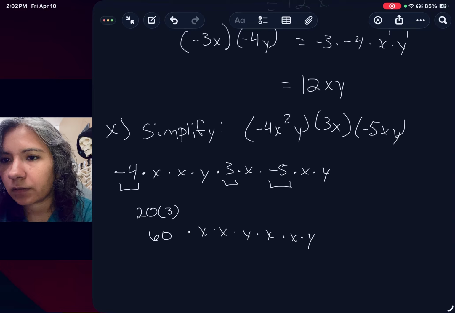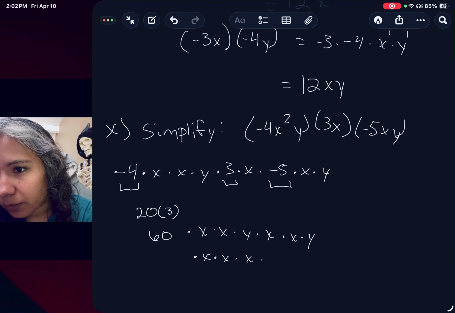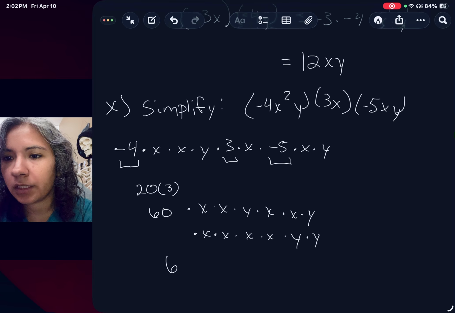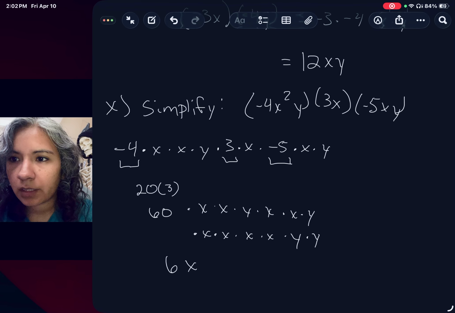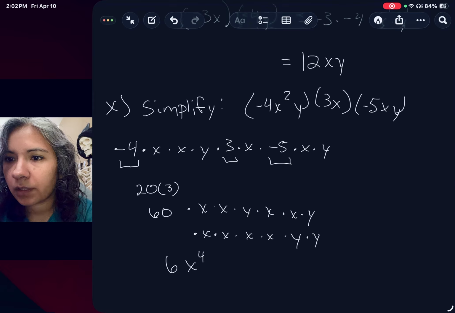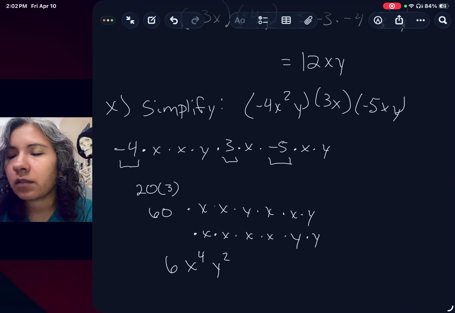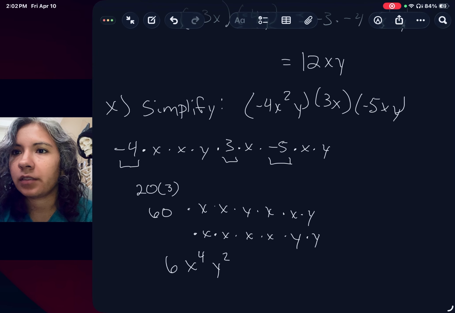We have two y's, so it's times x times x times x times x times y times y, which gives us 60x, so this is just like the tens, x to the 4 y squared. I am going to write these another way.